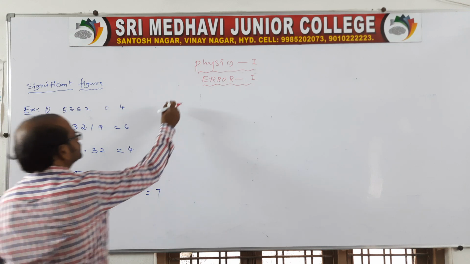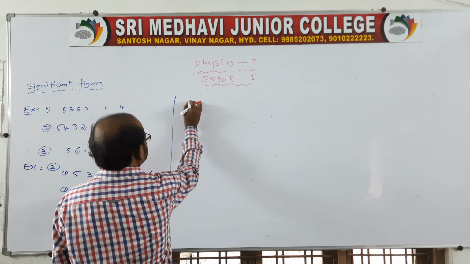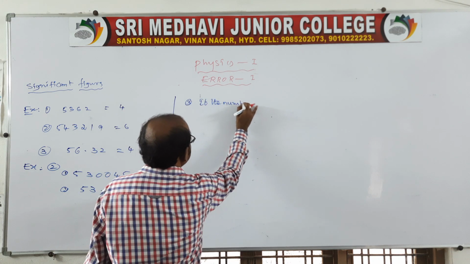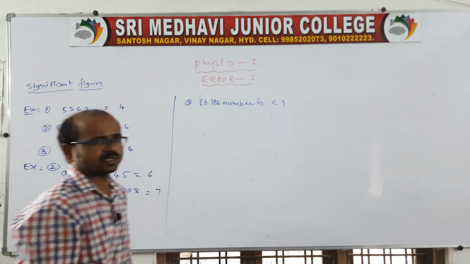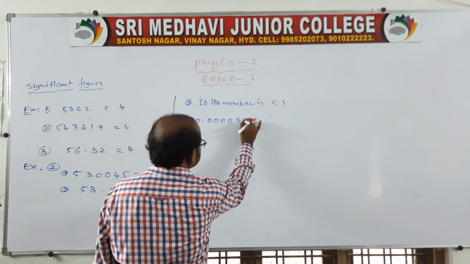Coming to the third rule: if the number is less than 1, for example 0.000562.